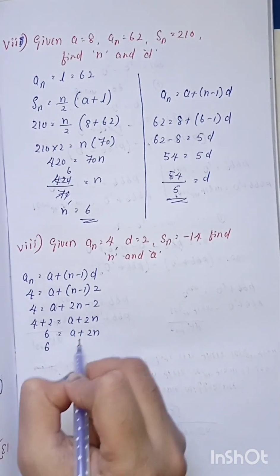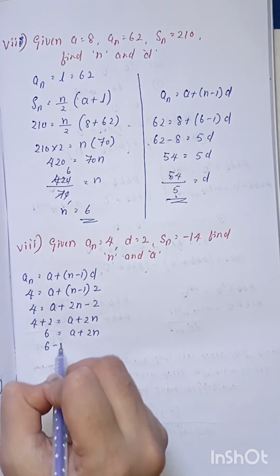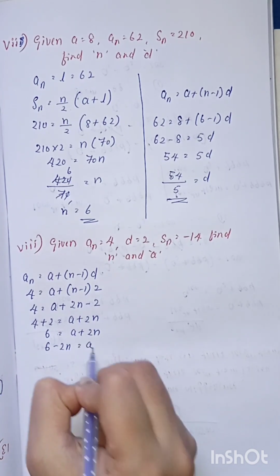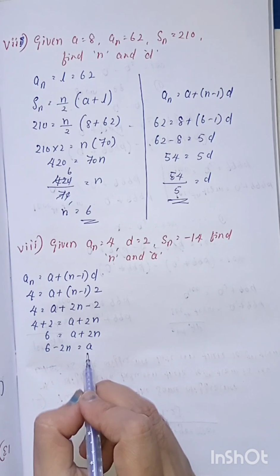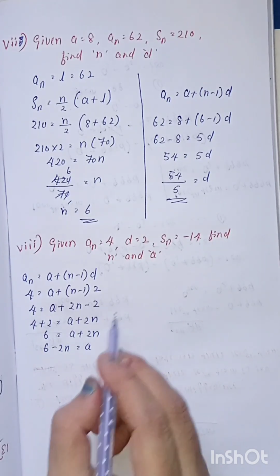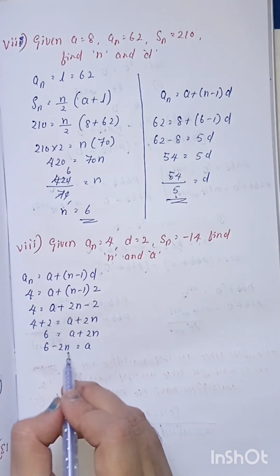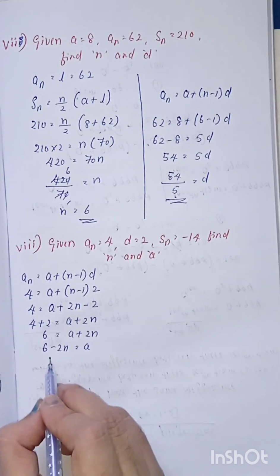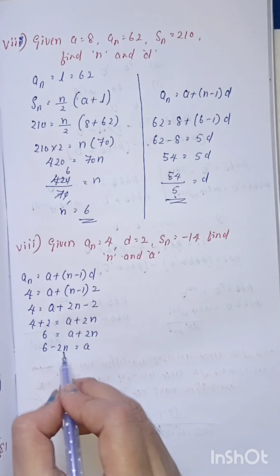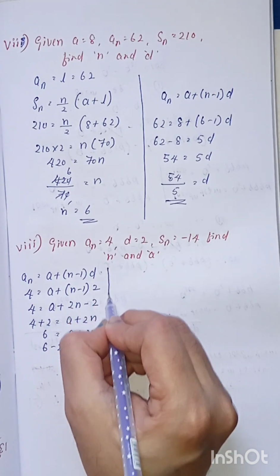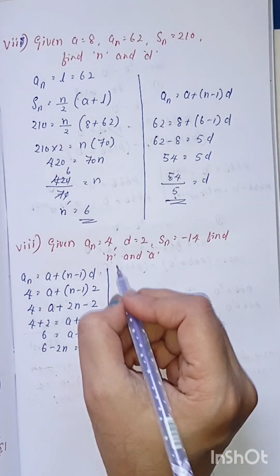In the next step, 6, bring 2n here, minus 2n equals a. Up to this step we got the value for a, but here n is also there, so it is not the exact answer, but at this step we got a equals 6 minus 2n. We can continue by using the Sn formula.